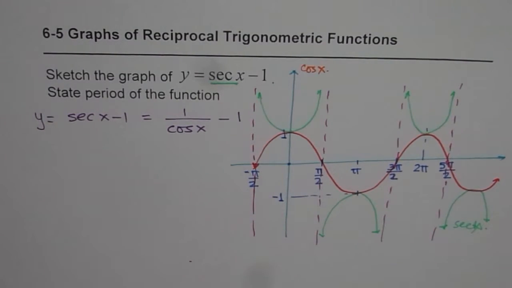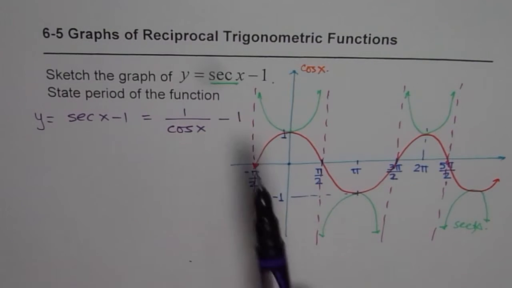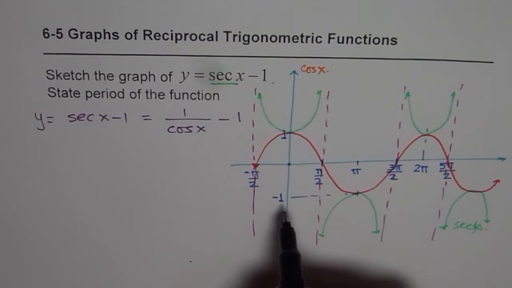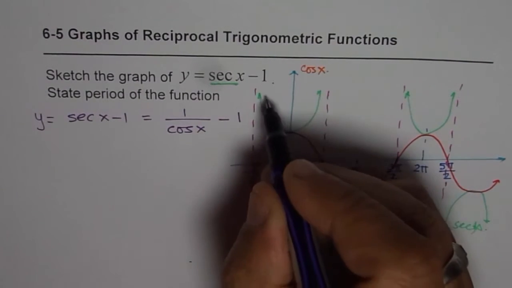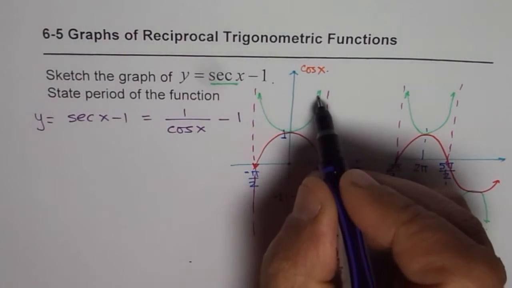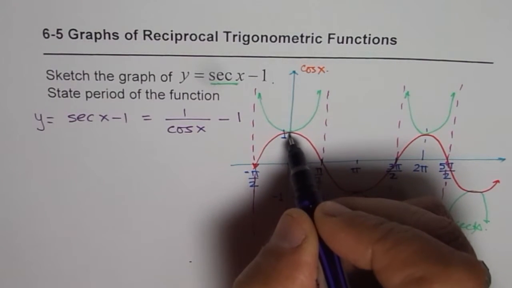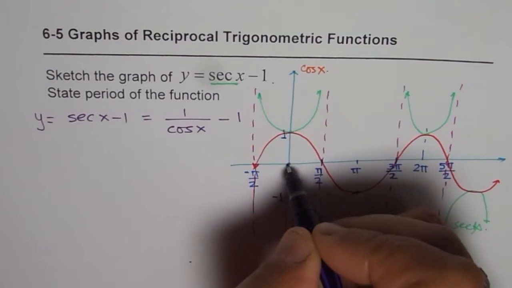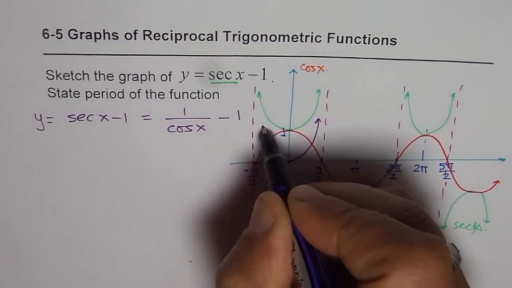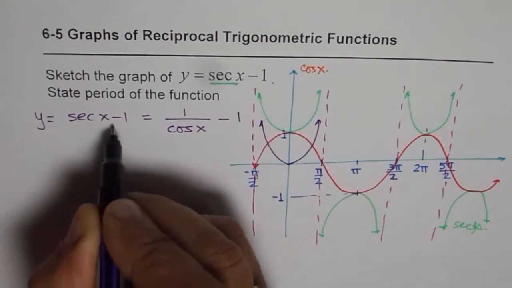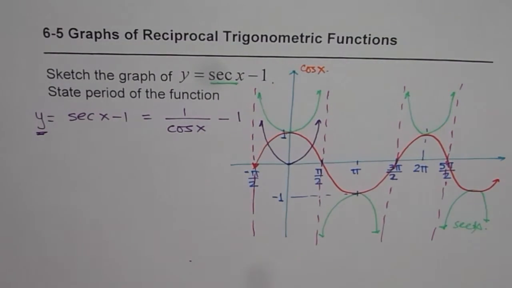Now we need to translate it 1 unit down, right? So this is our 1 unit. Every point gets translated 1 unit down. Perfect. So this part which started at 1 will now go 1 unit down. So we will have that as our final function, and this is secant x minus 1. Do you see?